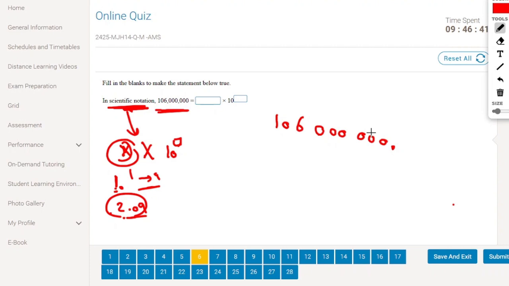So I want to move the decimal point till one digit before the decimal point. So I have here 1, 2, 3, 4, 5, 6, 7, 8. So that means it would be 1.06 multiplied by 10 power of 8. So the answer here will be 1.06 multiplied 10 power of 8.